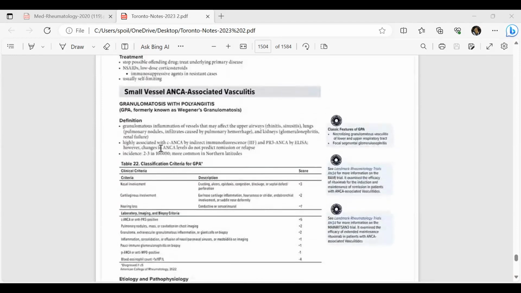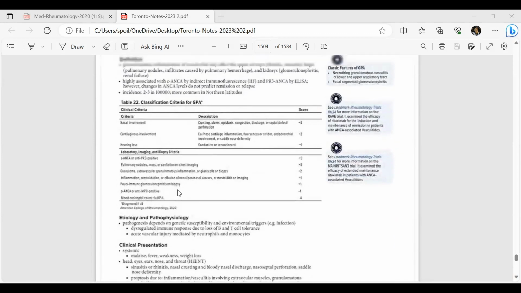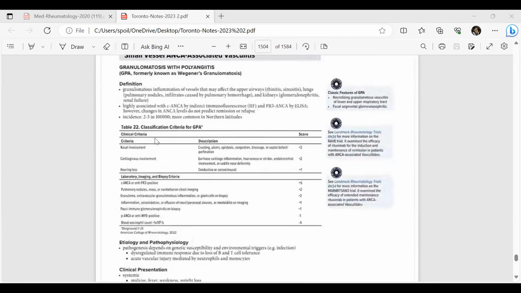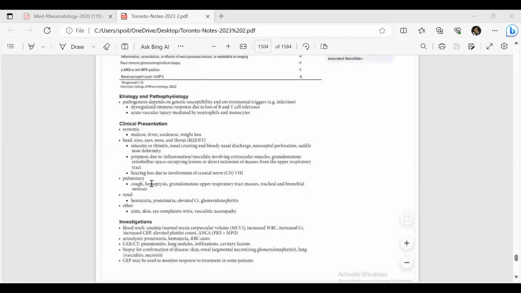Then small vessel ANCA associated vasculitis has a big involvement of every other system: head, eyes, ears, nose, throat, and then lungs as well, then kidneys and joints.